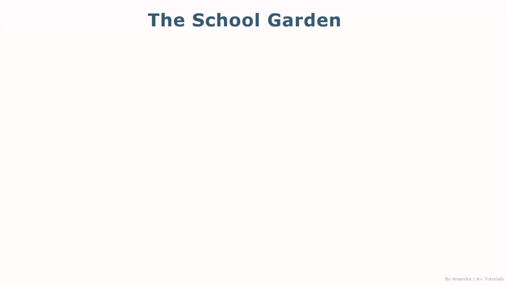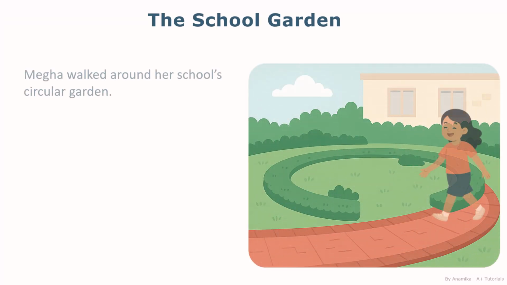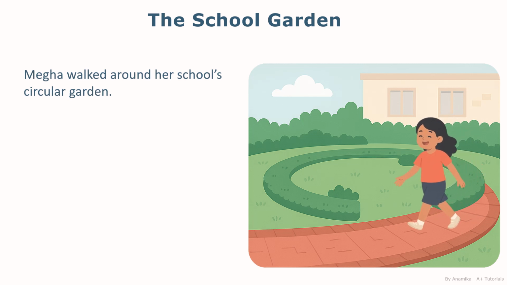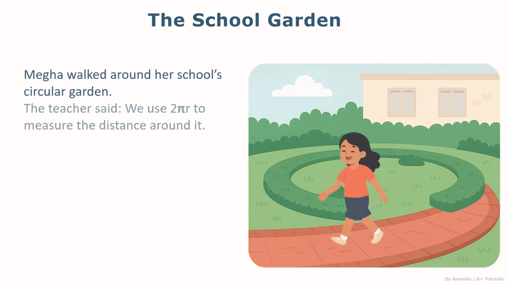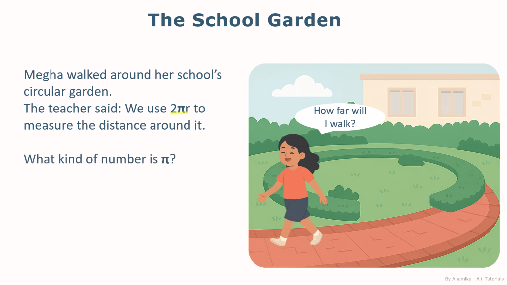Here's another one. Megha's school has this big, beautiful round garden, and her math teacher says to find the distance around it, we use this formula, 2 pi r. It's called the circumference. Now you might be wondering what this mysterious pi is.